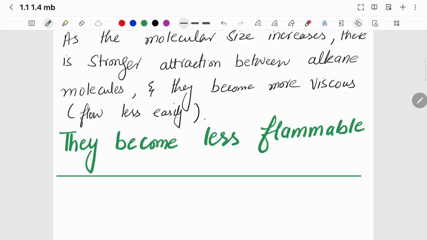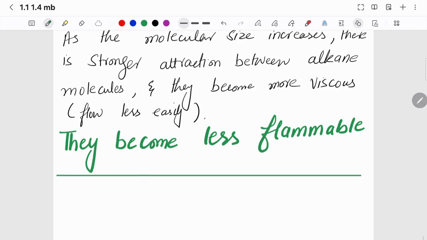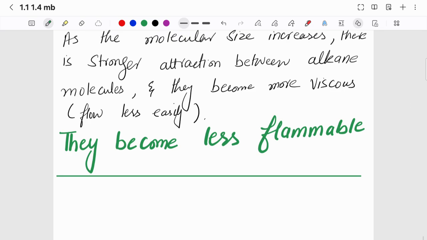In the last lecture, we have discussed that petroleum is a mixture of different hydrocarbons, mainly alkanes, and obviously hydrocarbons or petroleum, they are all flammable.